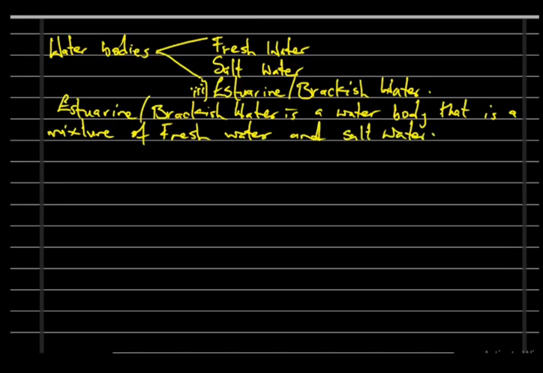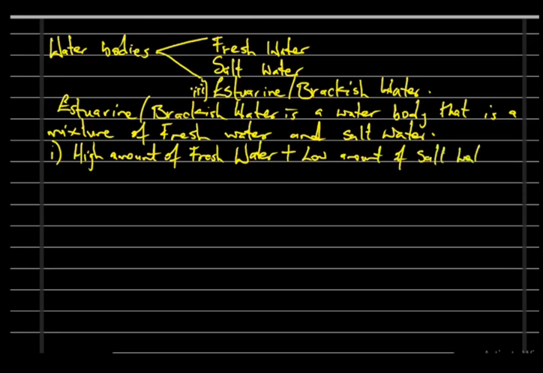So we now have two different conditions in this particular estuarine habitat. One, we have a condition where we have high amount of fresh water plus low amount of salt water.